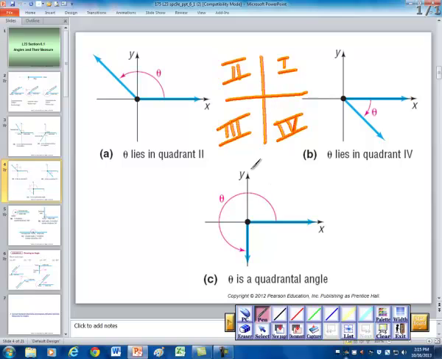Again, the angle always starts at the positive x-axis, and where the terminal side ends up is going to depend on what quadrant that angle ends up in.